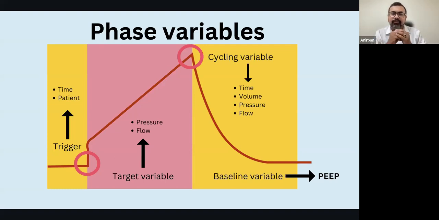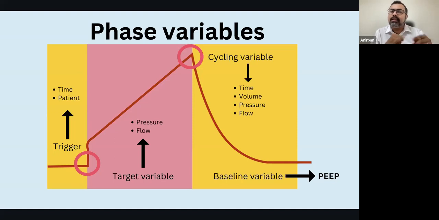This little bit of flow that you generate, or the slight dip in pressure because of your spontaneous inspiratory effort, these cues are taken up by the ventilator to understand that you are trying to initiate a breath, and accordingly it gives you an inspiratory breath. So this is called patient trigger.